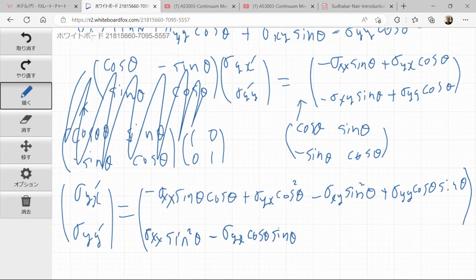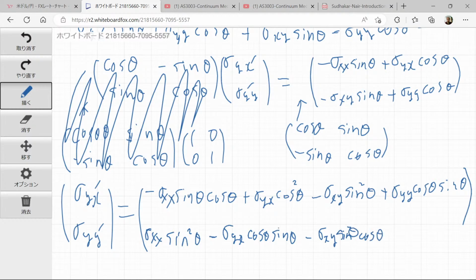Then, sorry, I think it's okay. So then minus sigma xy sine theta sine theta.